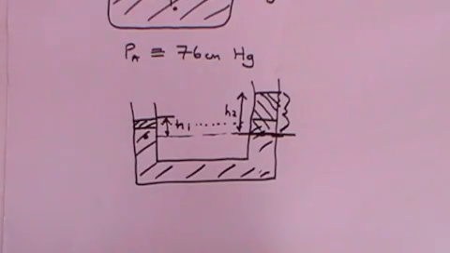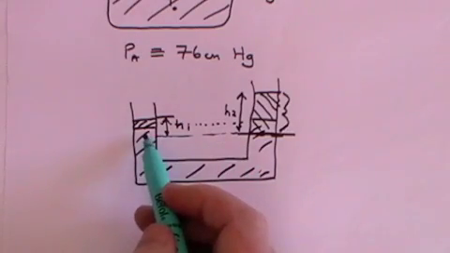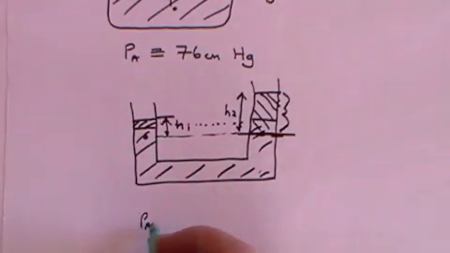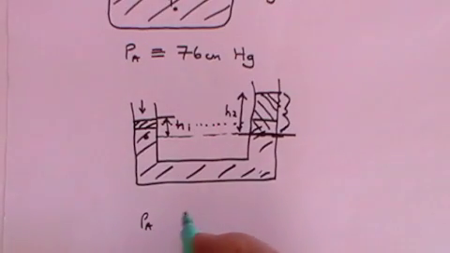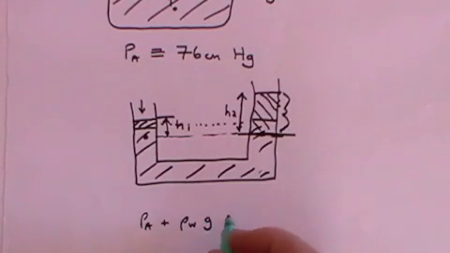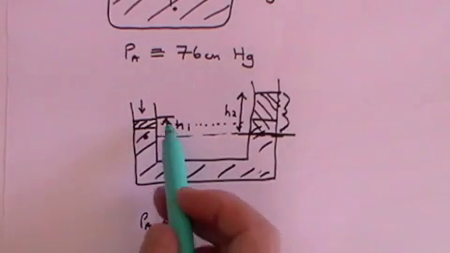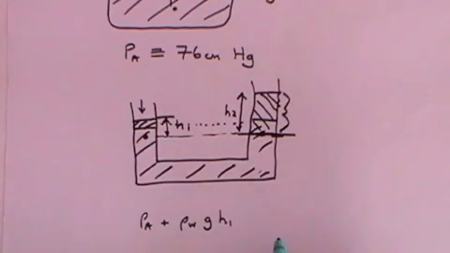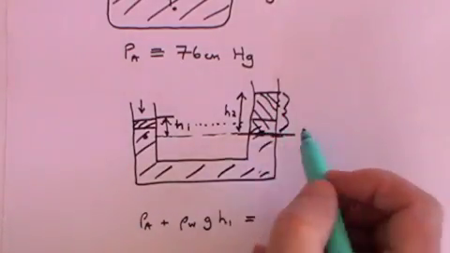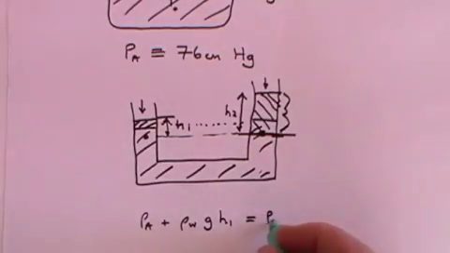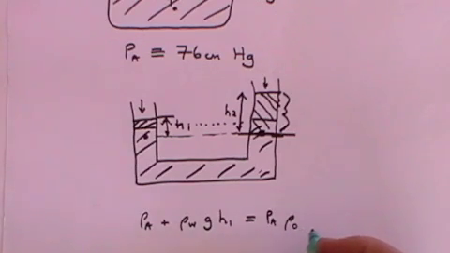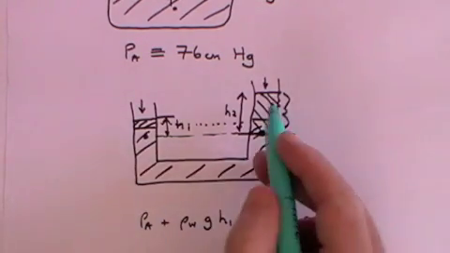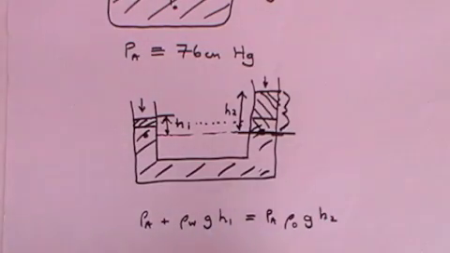But what is the pressure at these two respective points? Well, at this point, it is the pressure of the atmosphere, because there will be an atmospheric pressure bearing down, plus the density of water times G times the height of the water, which is H1. We've calculated that before. And that has to equal the pressure on this side, on this point, which is going to be atmospheric pressure, again, bearing down here, plus rho of the oil times G times the height of the oil, H2.